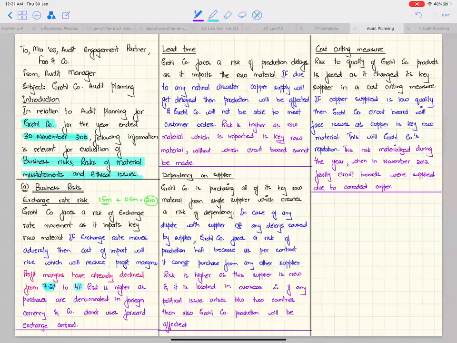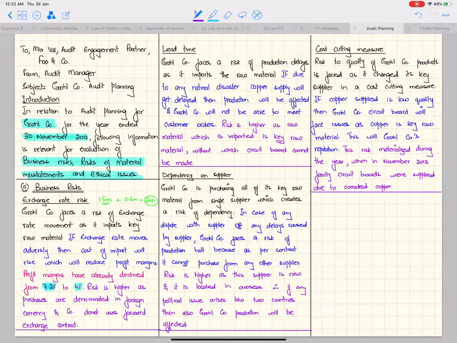Now I'm repeating again and again that you need to understand my writing technique. In the first sentence, I gave an identification of the risk: that risk to quality of Grahak company products is faced as it changed its key supplier in a cost-cutting measure. What will be the impact? If copper supplied is low quality, then Grahak company circuit boards will face issues as copper is the key raw material.